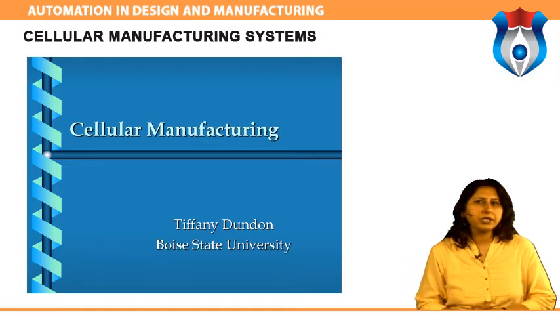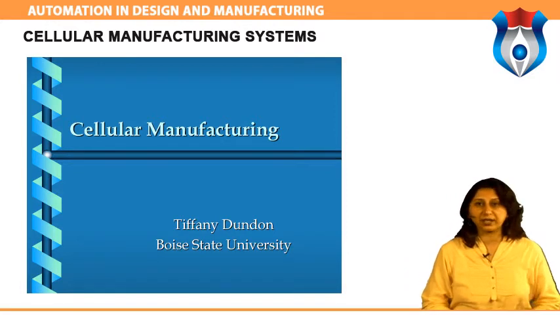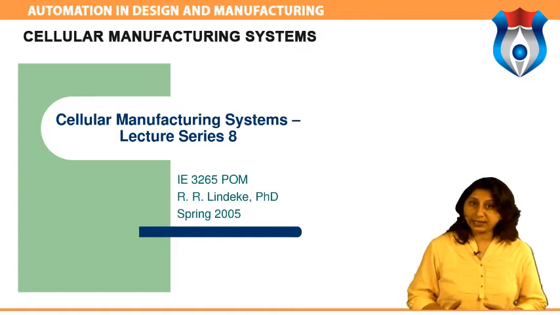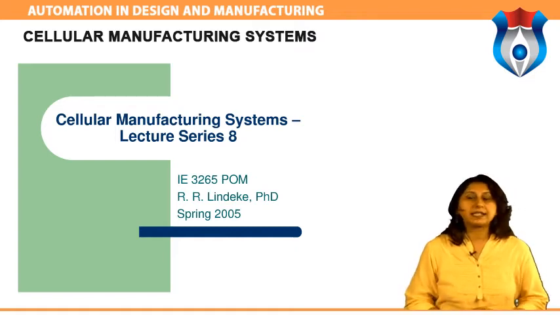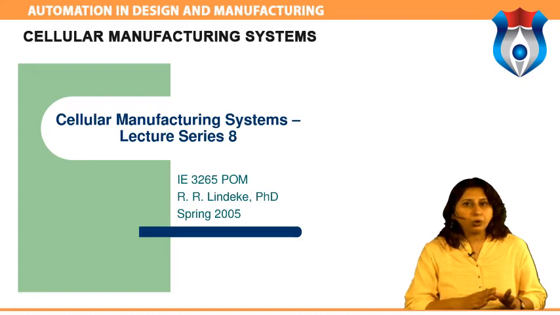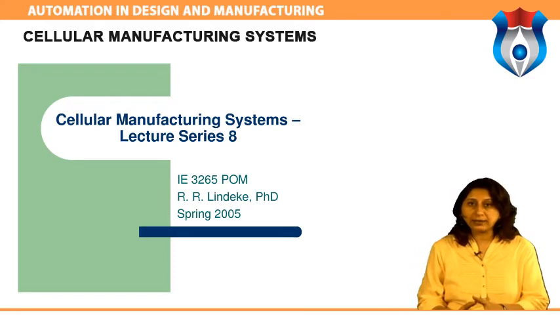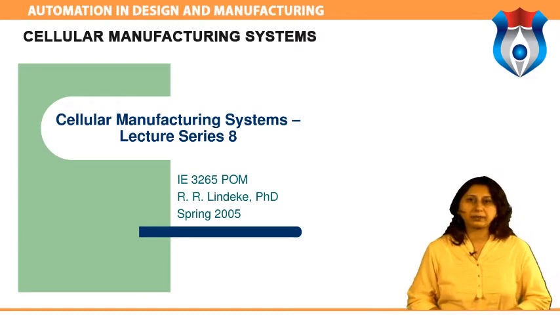CM is an important ingredient of lean manufacturing. In order to set up a single process flow or single product flow line, it is necessary to locate all the different equipment needed to manufacture the product together in the same production area.